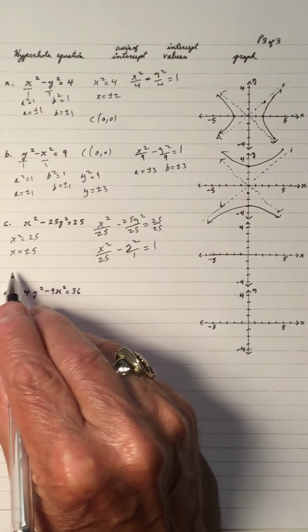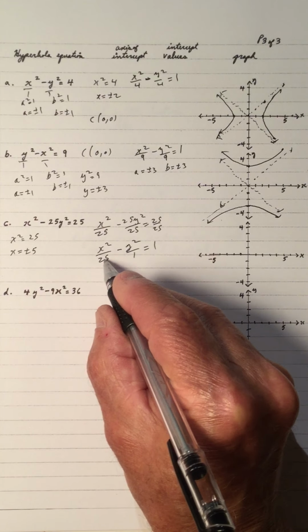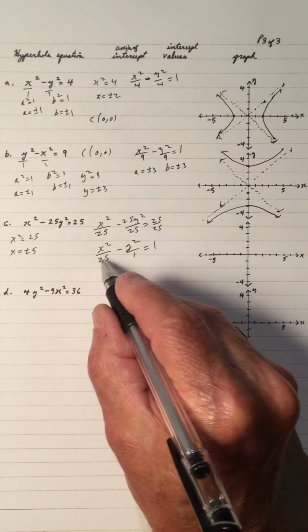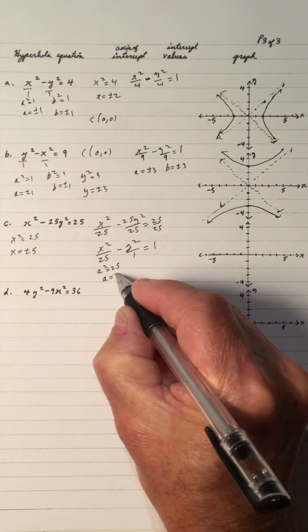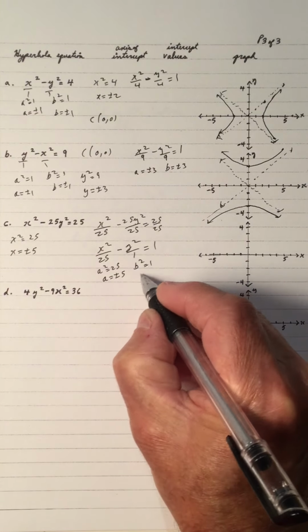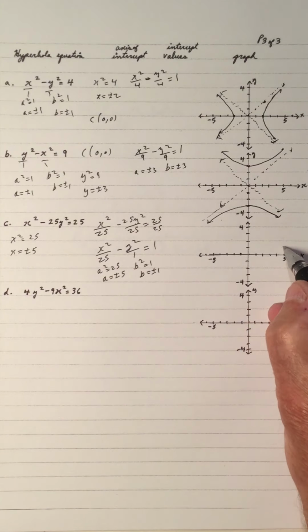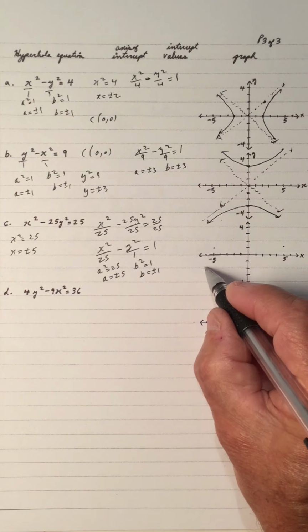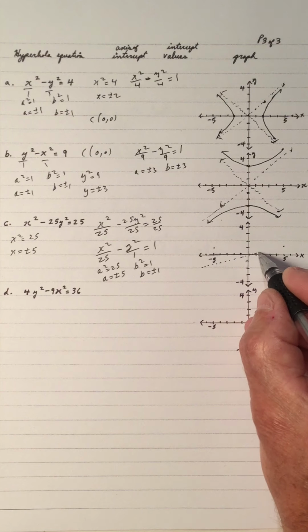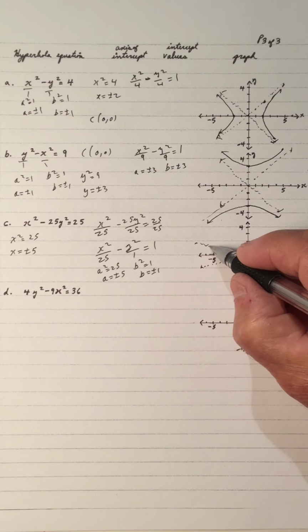And again, if you think about it, the asymptote is, if you think about it as the x-intercept, this has x-intercept now, so if a squared is 25, a is plus or minus 5, b squared is 1, so b is plus or minus 1. So think of it as going to the right 5, up 1, and going to the left 5, up 1. So the asymptote is there, and it's coming through here.